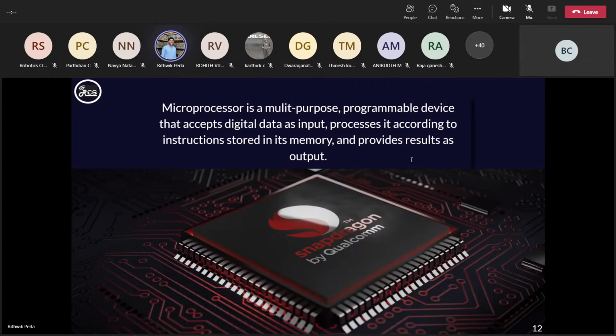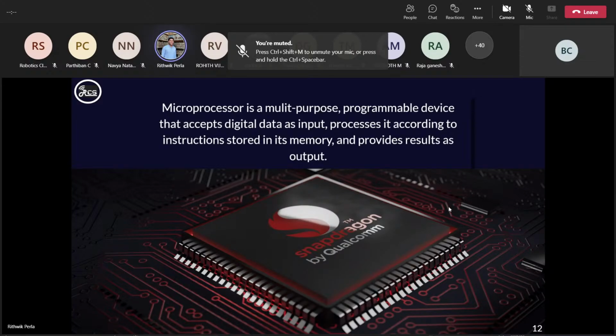Yeah, awesome. So digital data is nothing but the binary data, which is nothing but zeros and ones, as said by Anirudh. Nice, amazing. So the instructions, whatever is stored in the RAM also will be in the form of digital data itself. And the input also, whatever you get from the input devices, will be converted into binary data and sent to the instructions, and you get the output accordingly.